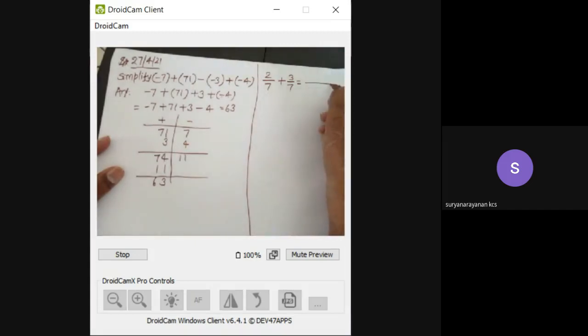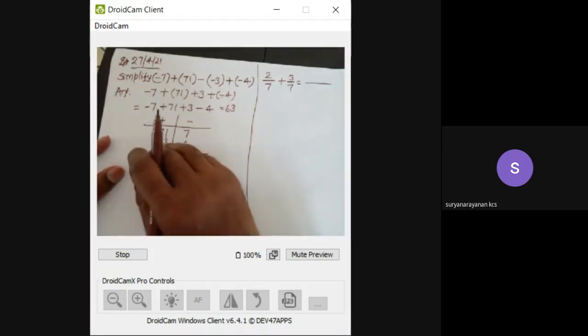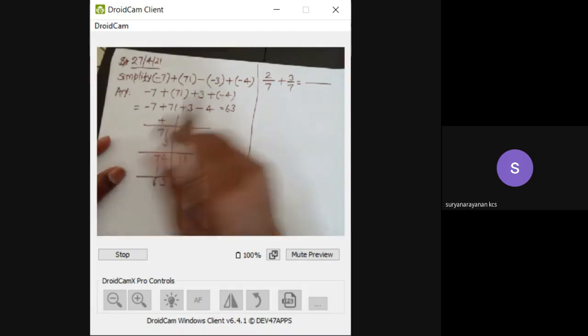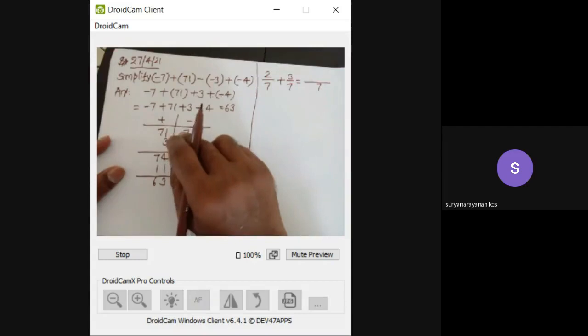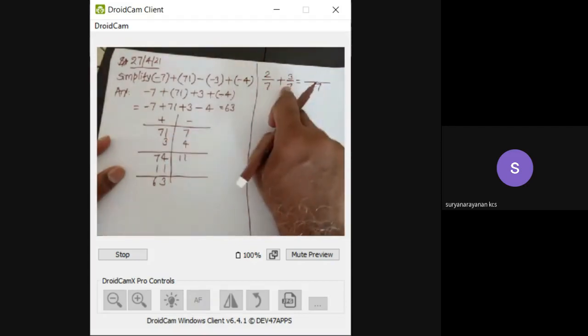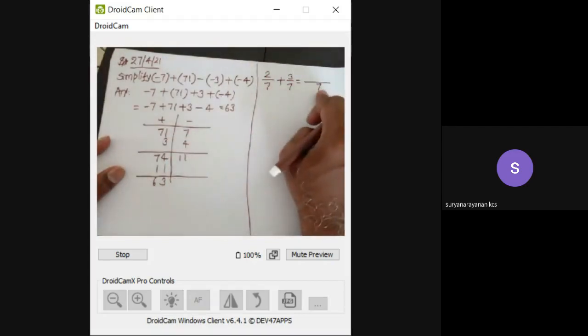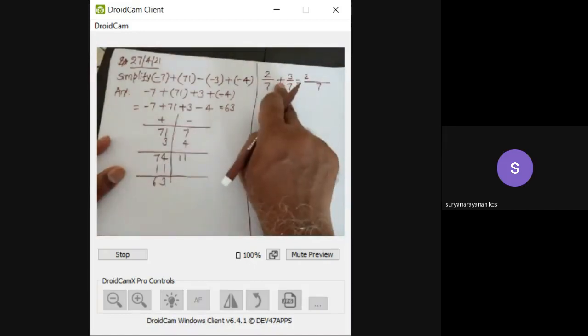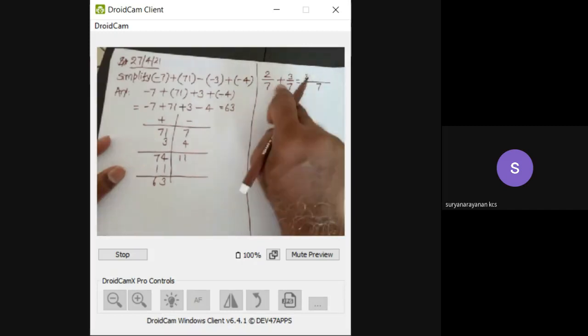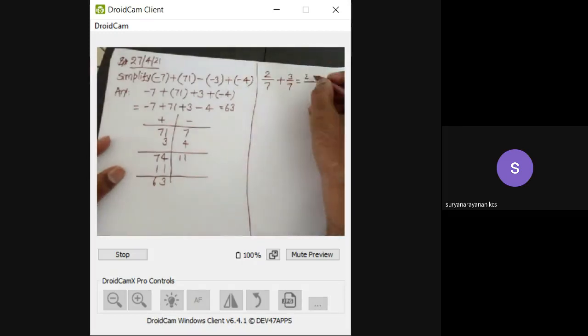In the case of adding or subtracting like fractions, it is very easy. First, we write this denominator as it is. Whatever the denominator is in the like fractions, we write the same denominator for the resultant fraction. In the numerator, we write the first numerator as it is. If there is a plus sign, we keep plus sign. If there is a minus sign, we keep minus sign.